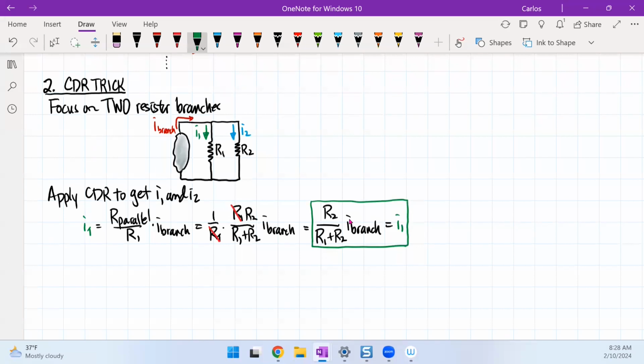Let's repeat the process for I2. So if I do I2, you're going to see here is that again, I have R parallel divided by R2 this time.